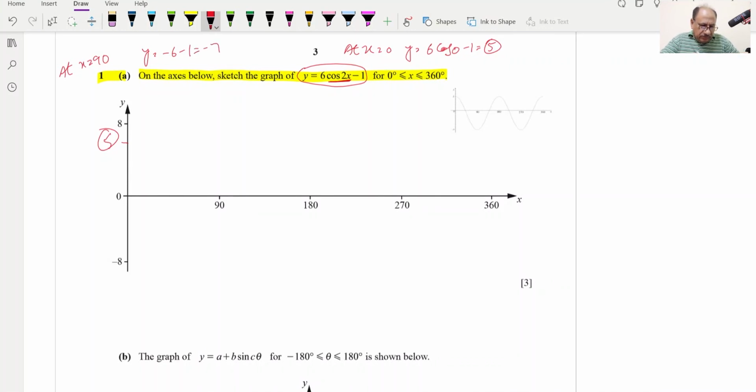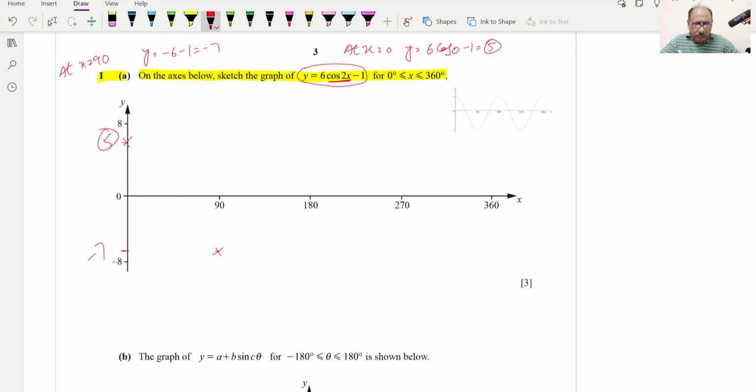So minus 7 we can take over here, and one point will be over here.